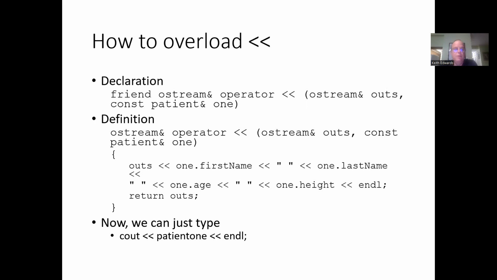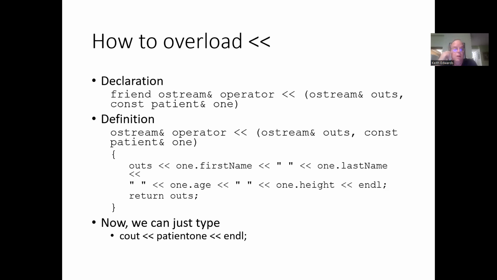In the definition, instead of using cout, we would use outs because that's the name of the output stream that we passed. We simply use that like any ordinary output statement, and at the end, we make sure that we return outs. Then we can use that the same way that we output any ordinary type of variable. If we're just doing it to standard output, cout patient 1. And voila, it works.